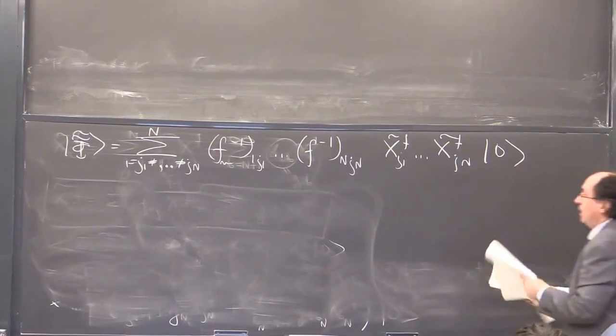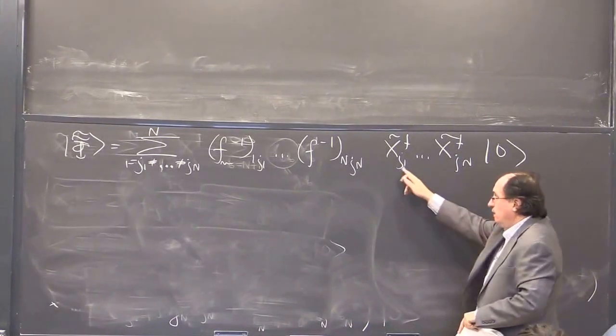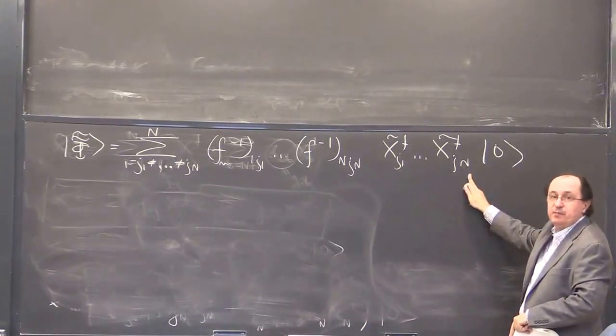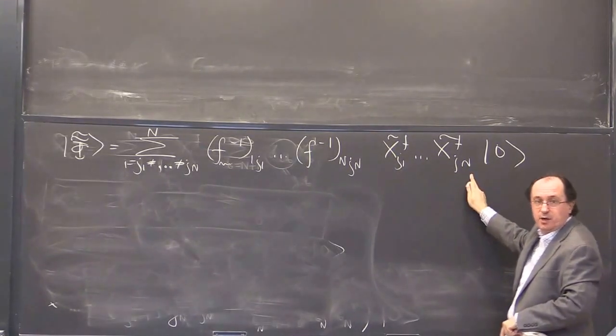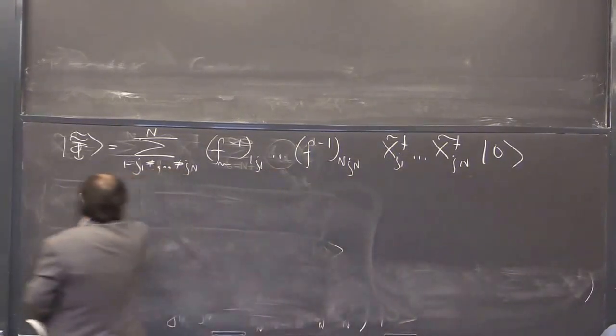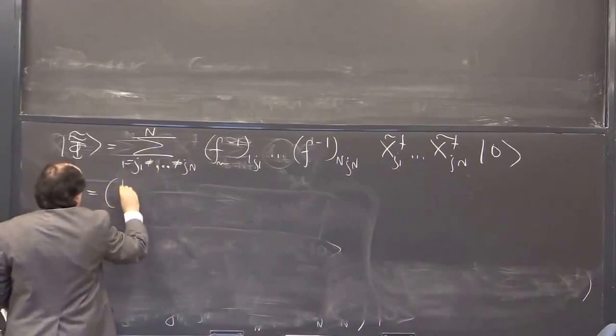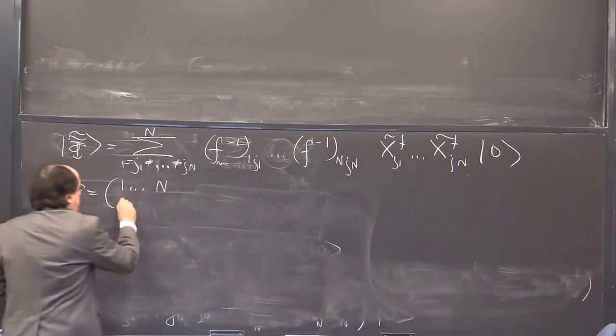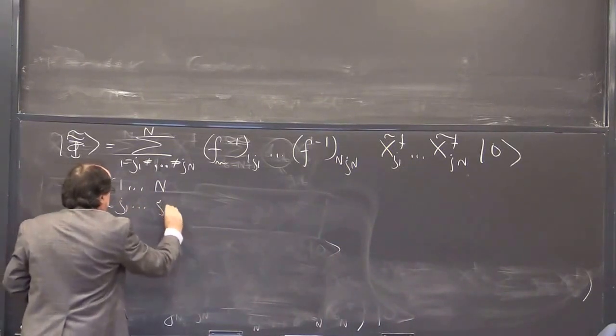Well, if the j's are running from 1 to n and they're all different, that means that they must represent a permutation of indices 1 through n. So once again, we have a permutation here that transforms indices 1 through n into j1 through jn.